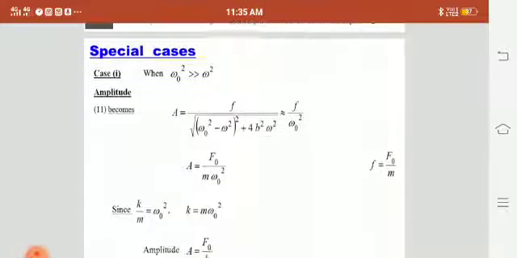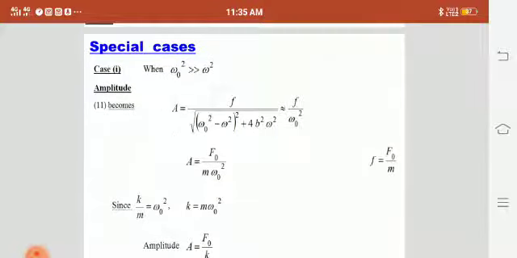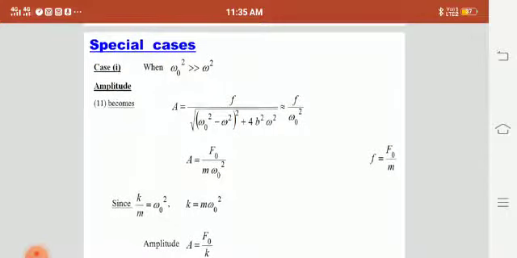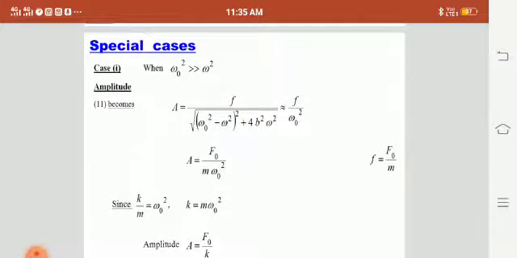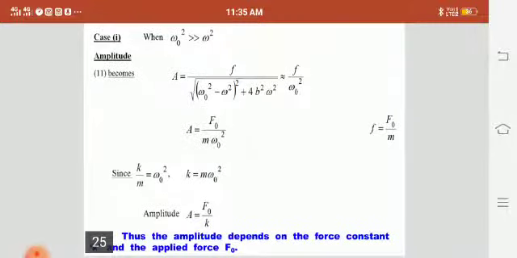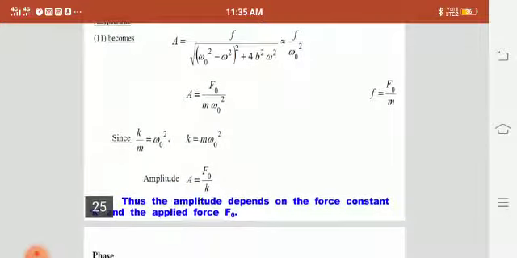Case number 1 is when ω₀² is greater than ω², that is, the driving frequency is lesser than the natural frequency. So by substituting all the values, the amplitude A becomes F₀ by k.